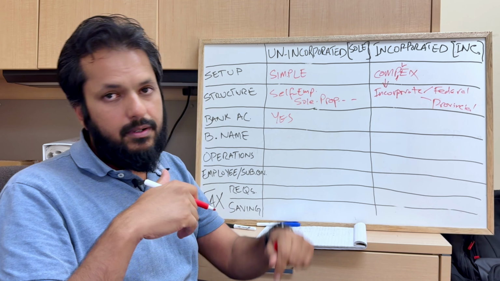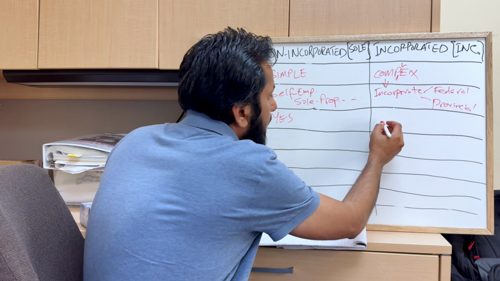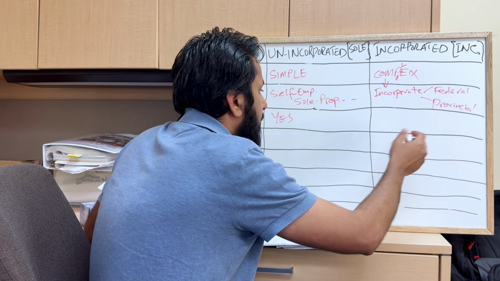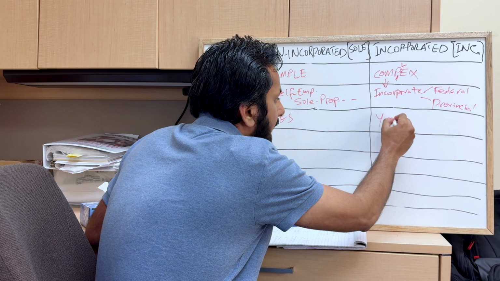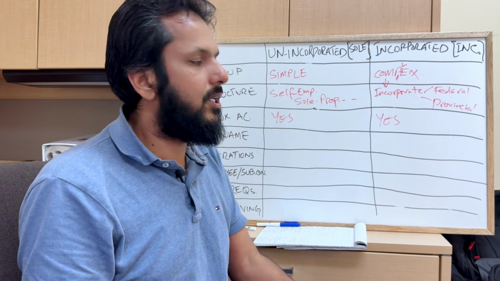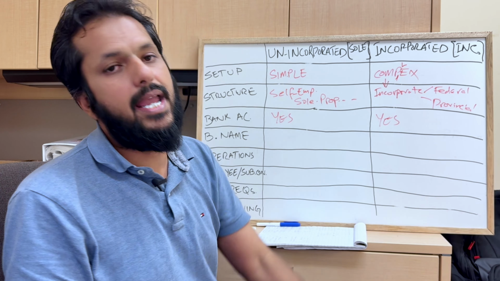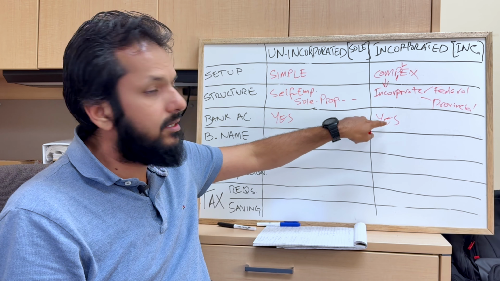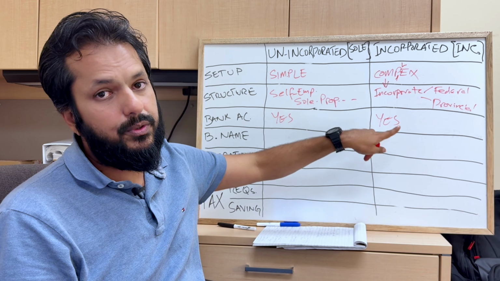If you become incorporated, federal or provincial, yes, you have to, and you should actually have a bank account, and that bank account will be opened under the name of the corporation.